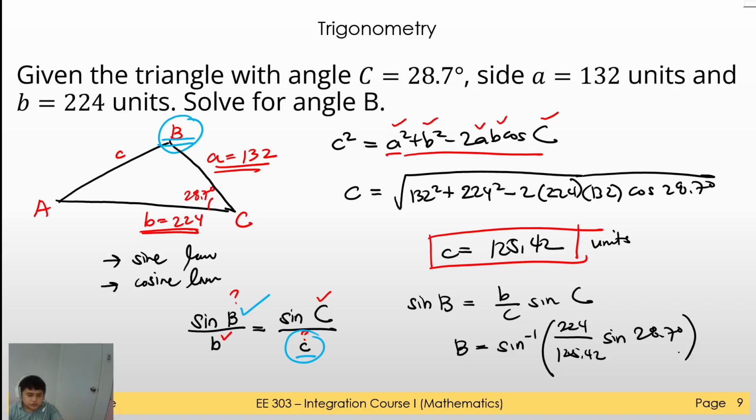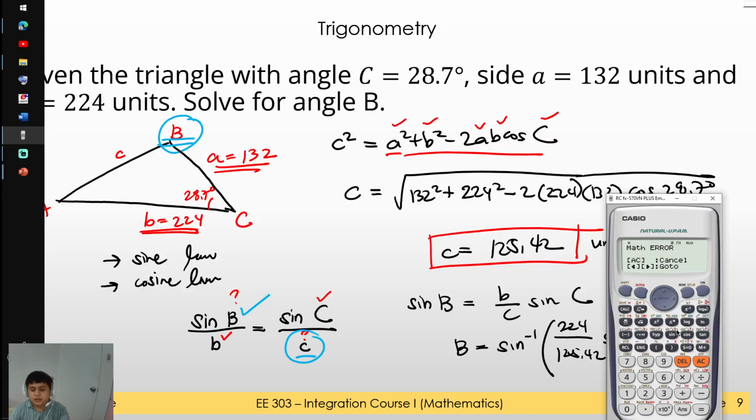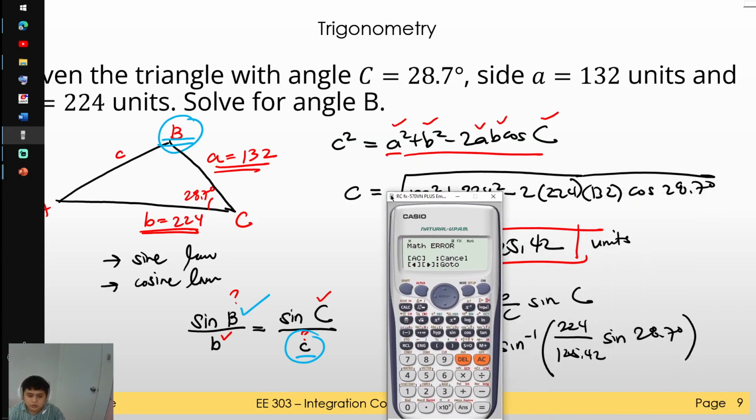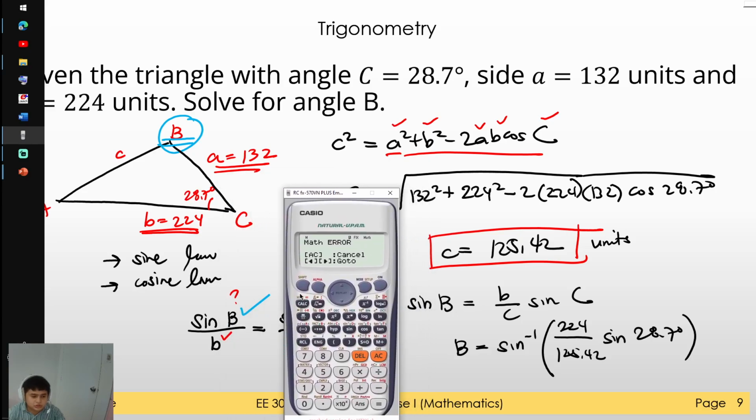Using your calculator, you have to remember that this should be in degrees, since the given is in degrees.